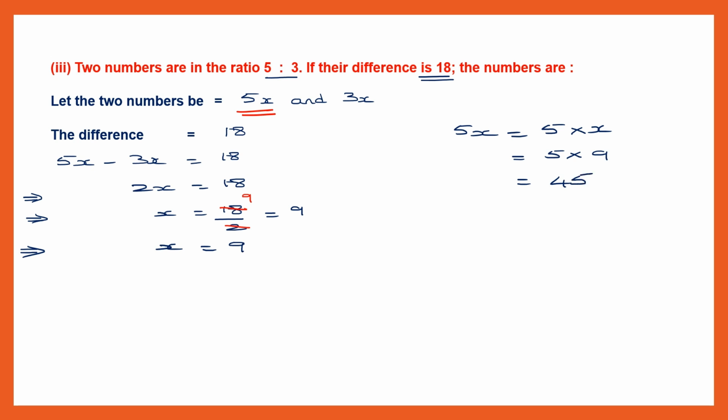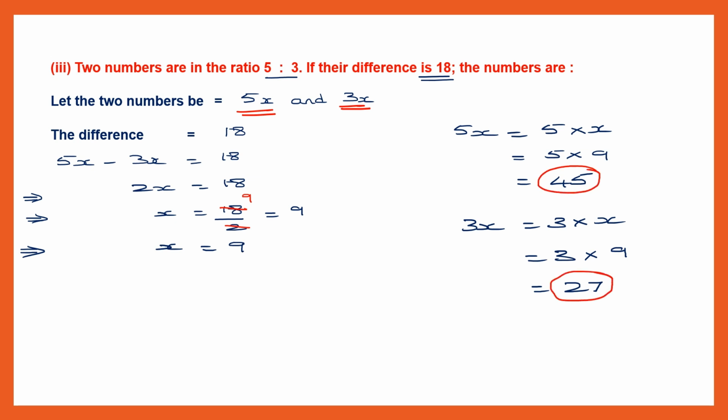Let's take the second number, 3x, which is 3 into 9. 3 nines are 27. So we have our two numbers: one is 45 and the other is 27. So the numbers are 45 and 27. So that is option C, 45 and 27.